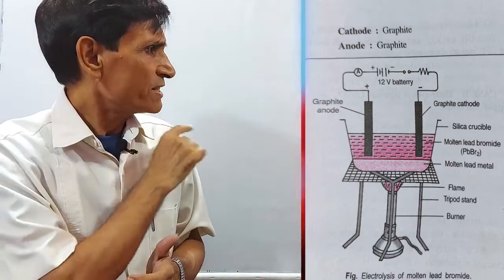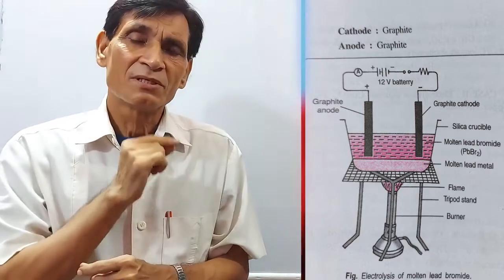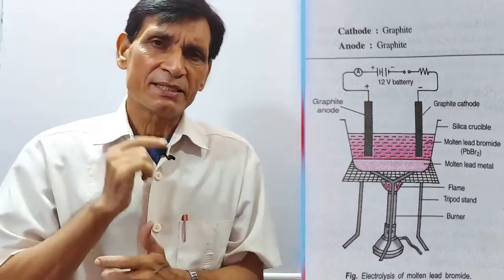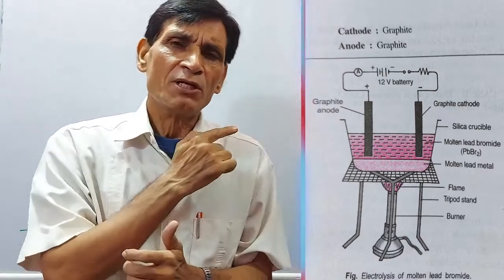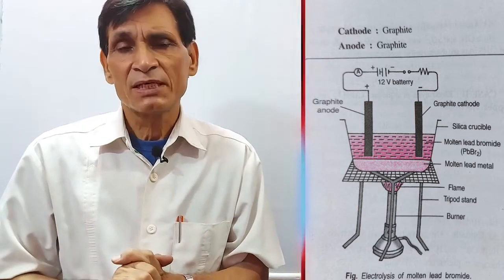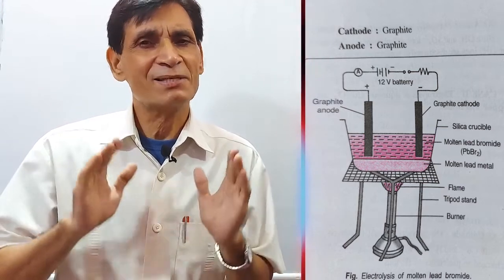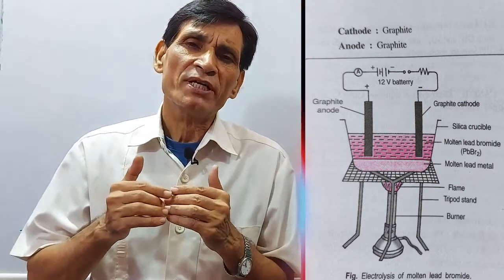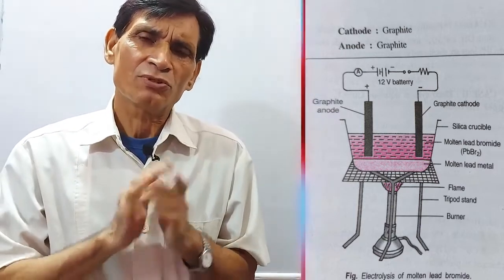Next, ions present in the electrolyte: Pb2+ and Br- ions are present in molten lead bromide. Next point, temperature. The temperature of the electrolyte is about 380 to 381 degrees because the melting point of lead bromide is 373 degrees centigrade. This is why the temperature of the electrolyte is maintained around 380, 382 degrees.